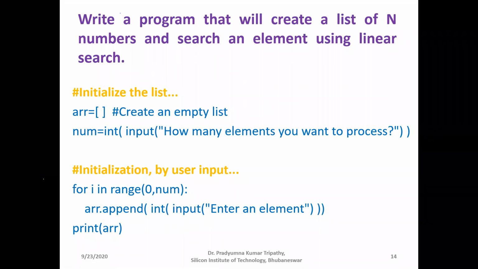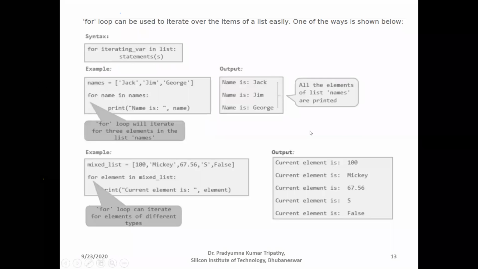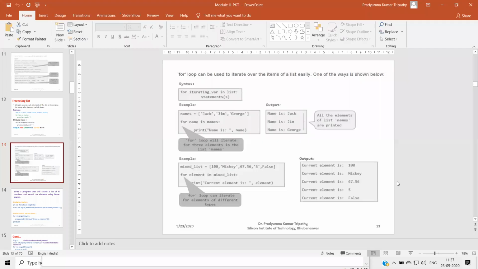Let me see the timing. Please, 7. Okay, let me first take the attendance, otherwise it may cut. Then we'll see. 1, 2, 3. Roll number 4. Four absent, 5, 6, 7, 8, 9, 10, 11.